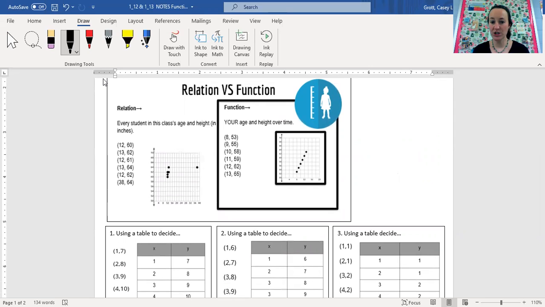Versus a function would be your age and your height over time. So we talked about in some of my classes today, this one looked more organized. There was a pattern going with it. Over here, we talked about how they were kind of clumped together.